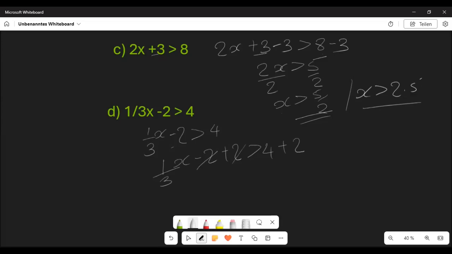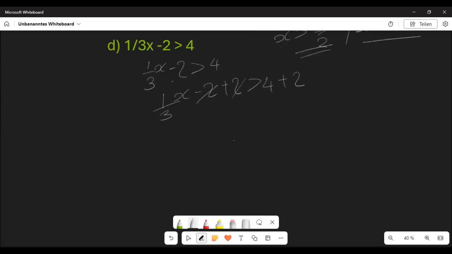Minus 2 plus 2 is 0. So here we have 1 over 3 x is greater than 6.